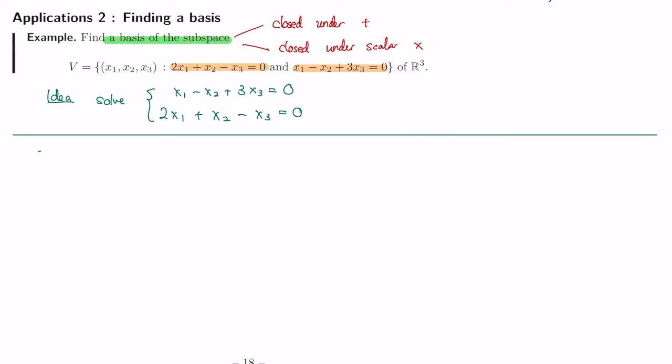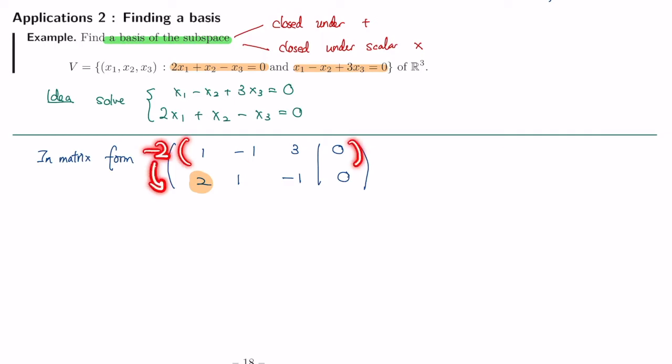So in matrix form, the equation looks like this: 1, -1, 3, 0, and 2, 1, -1, 0. Okay? And then the entry that we want to kill is this one here. How do we kill this? We simply multiply the first row by minus 2 and add it to the second row.